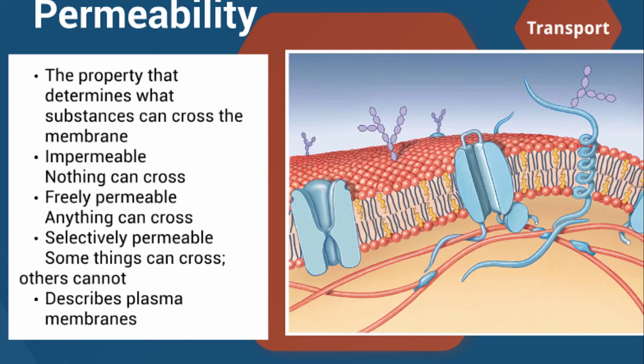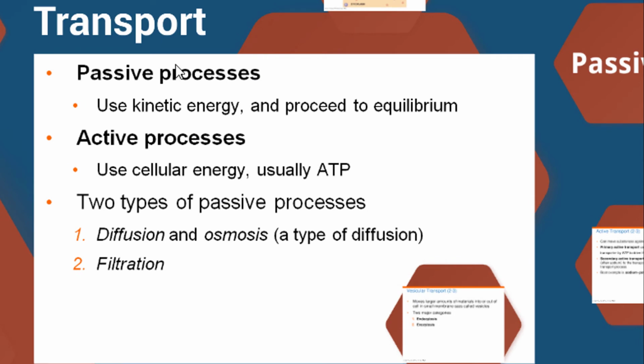There are two types. First is passive transport, or passive processes. Passive transport is the movement of substances across the membrane without the expenditure of cellular energy. Without energy is passive transport.